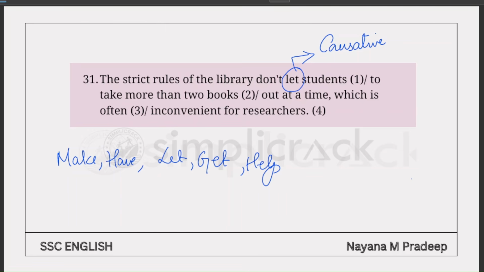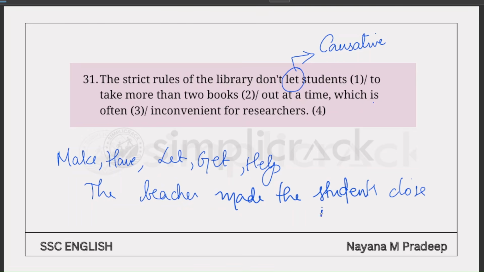For example, you say, the teacher made the students close the door. The teacher wanted the door to be closed, but instead of getting up and closing the door, she is making the students do it. So here make is used in the causative verb sense.